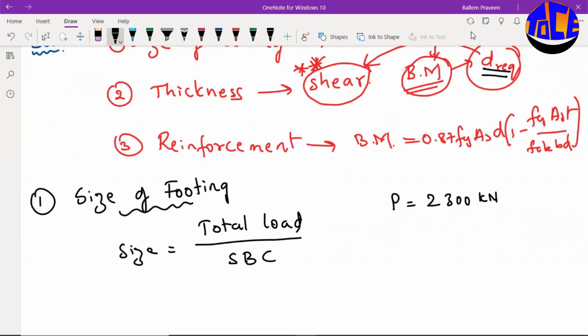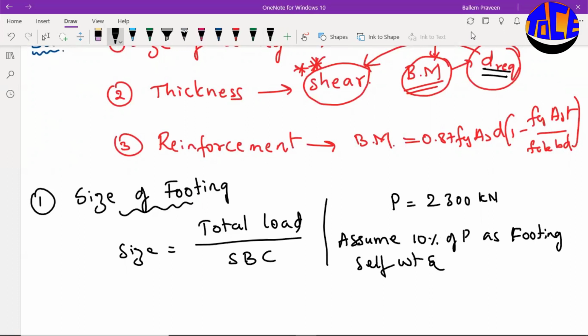So let us assume 10% of P as the footing self weight and backfill weight. So the 10% of P will be how much?